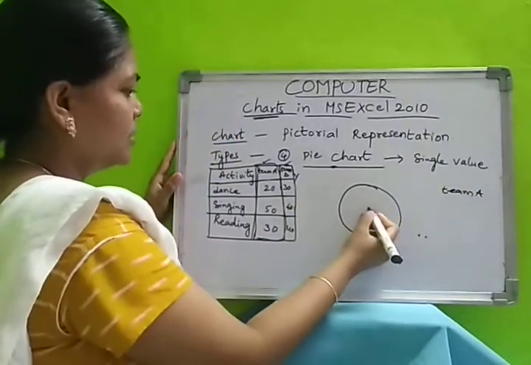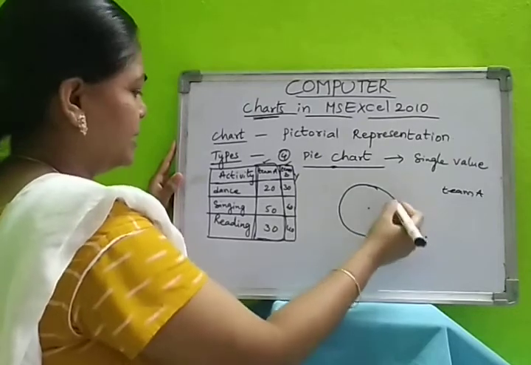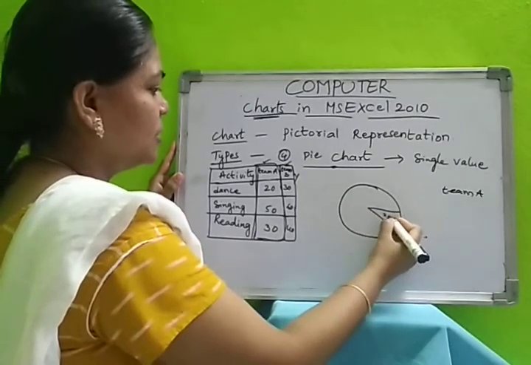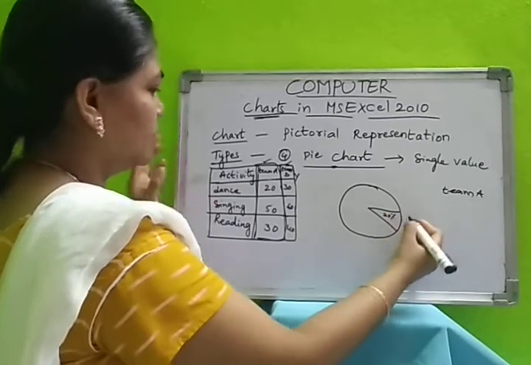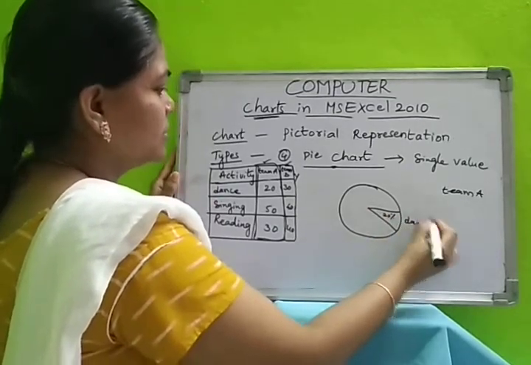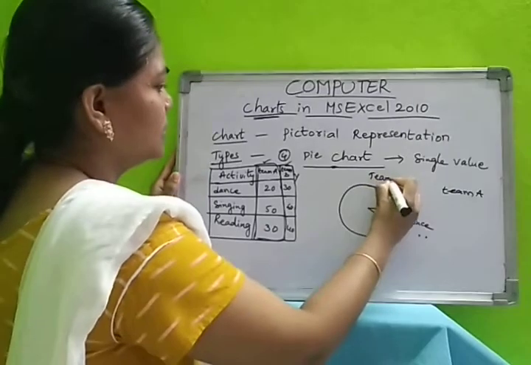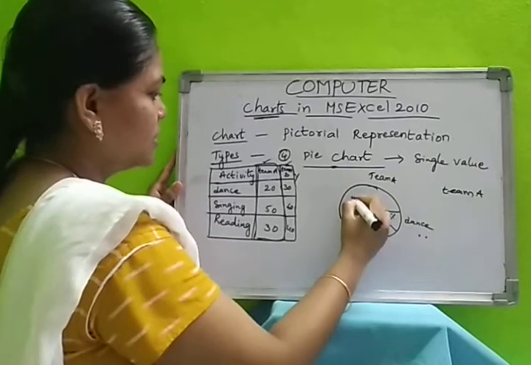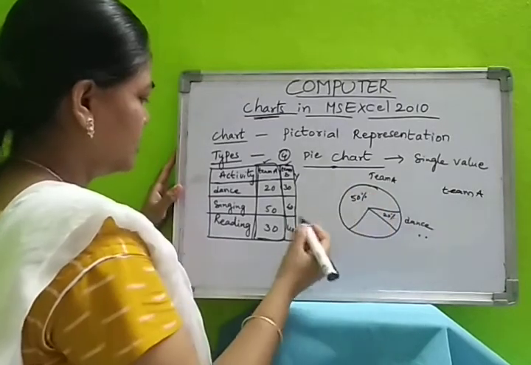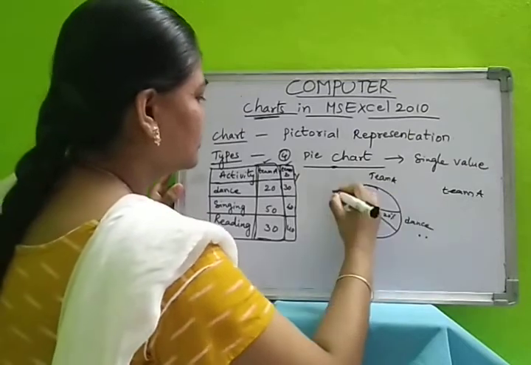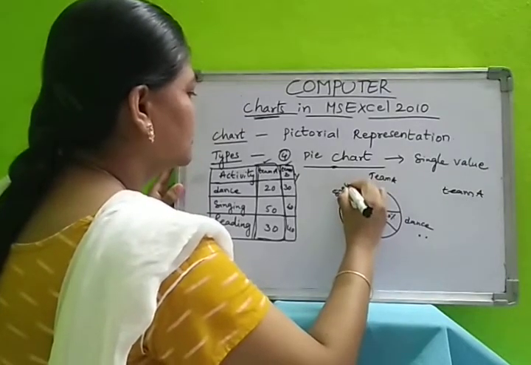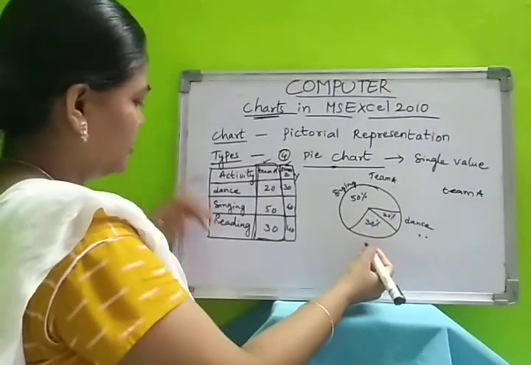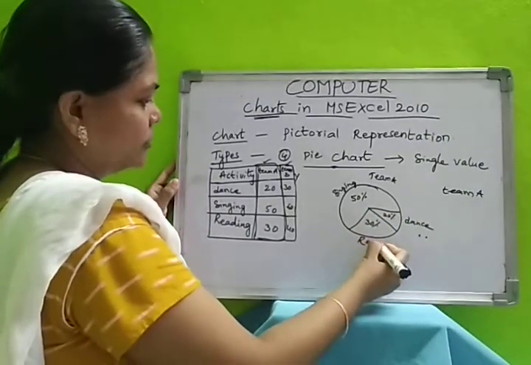So for team A, the total is 100%. In this 100%, 20% is for dancing, that is team A. And again 50% is for singing, and the remaining 30% is reading.